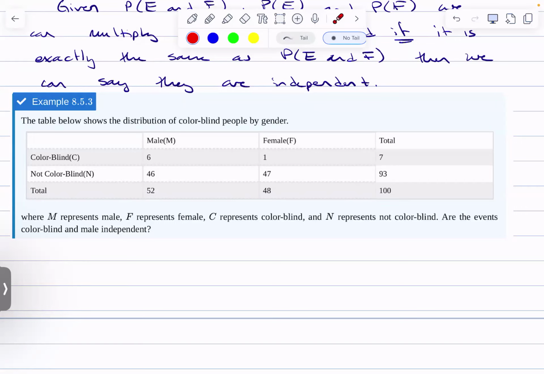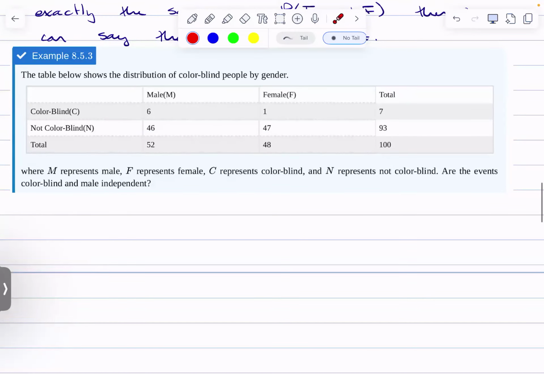Knowing the gender might determine the probability of being colorblind. And so we've got males, we've got females, we've got C, which is colorblind, and N represents not colorblind. Creative. Are the events colorblind and male independent?